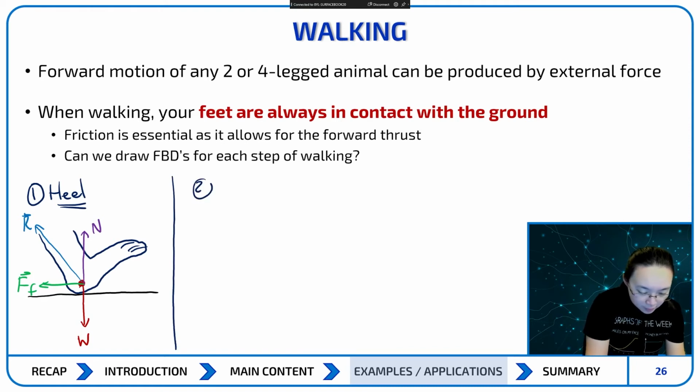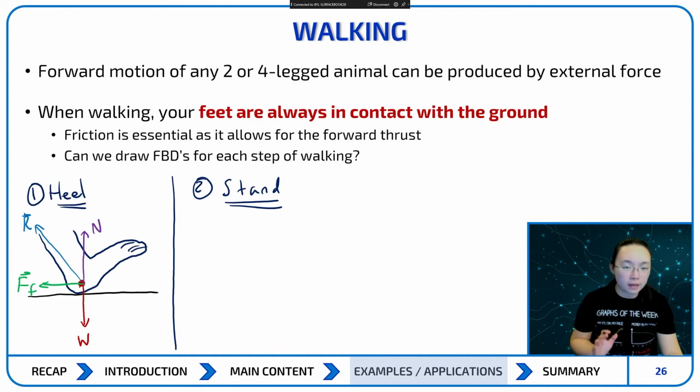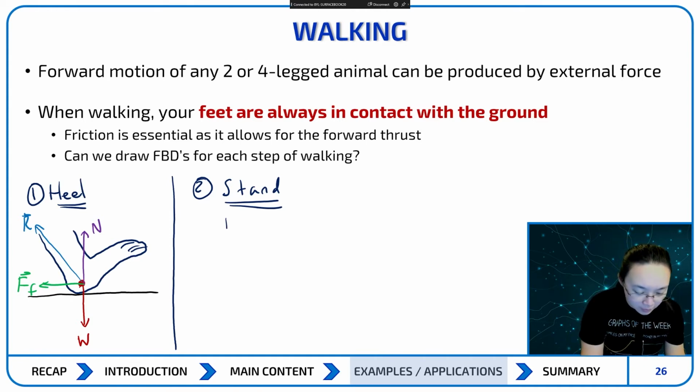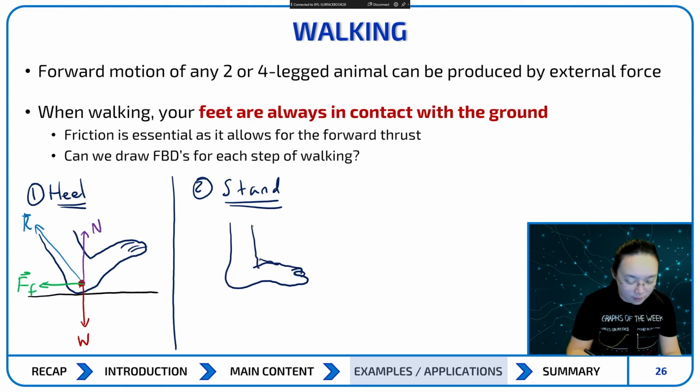Now for the second step, we're in a standing position. And so a standing position is fairly easy. It means that I've already gone through with my heel step, and now my feet are flat. Not super flat. As you can tell, I can't really draw feet.